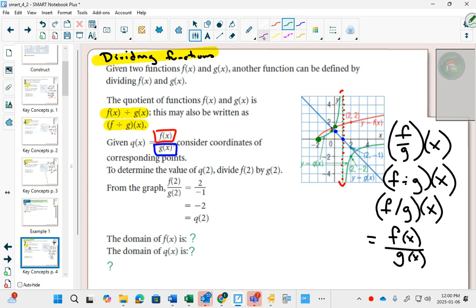Dividing the same thing by the same thing is going to equal 1. So those would be sort of easier things to do. And then, of course, if there's really nice points, like here, they have 2 divided by a -1. That's really easy to see that that's going to be -2.